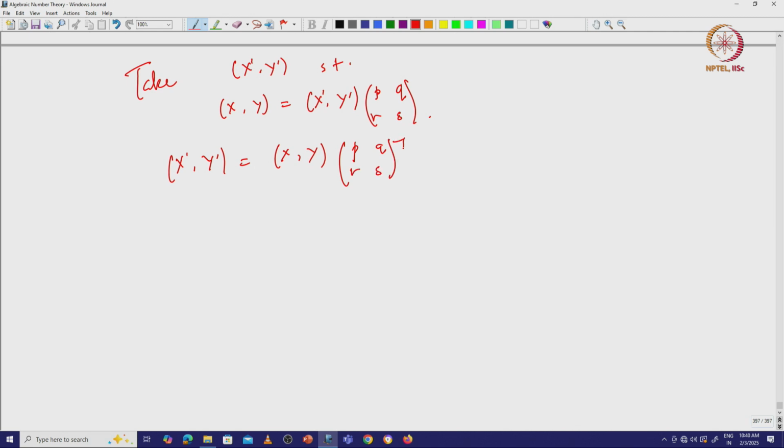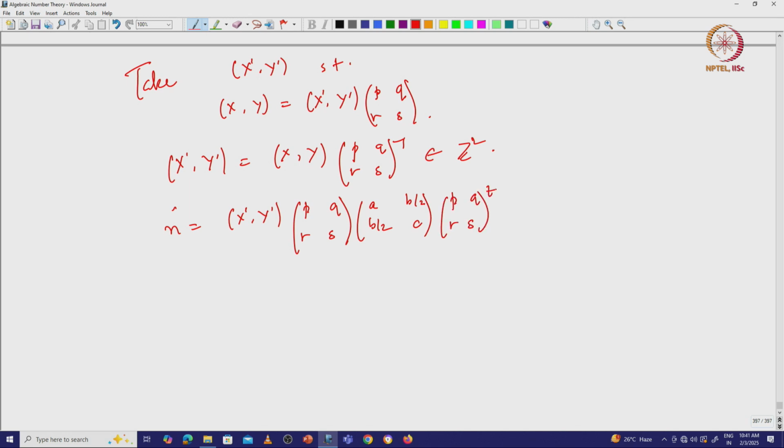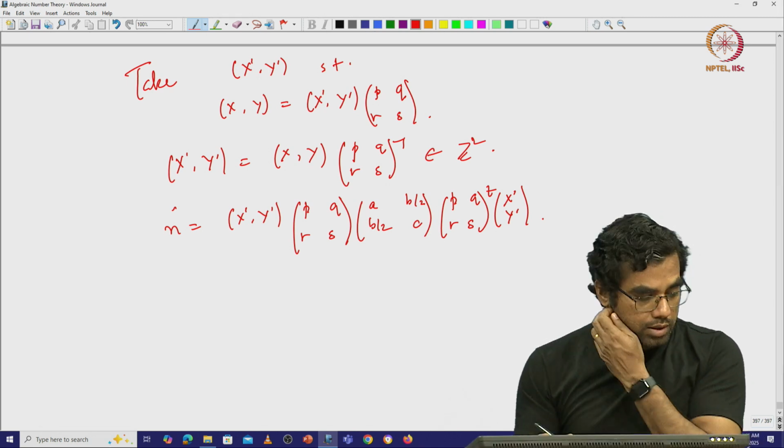So this is still in Z. Similarly, you get n is (x', y') times (p q; r s) times (a b/2; b/2 c) times (p q; r s) transpose and (x', y') transpose, because the transpose of a row matrix is a column matrix.